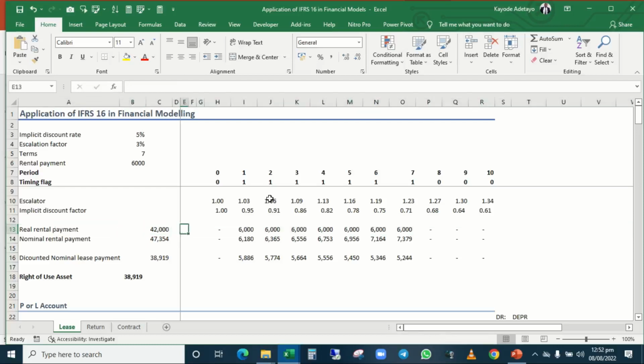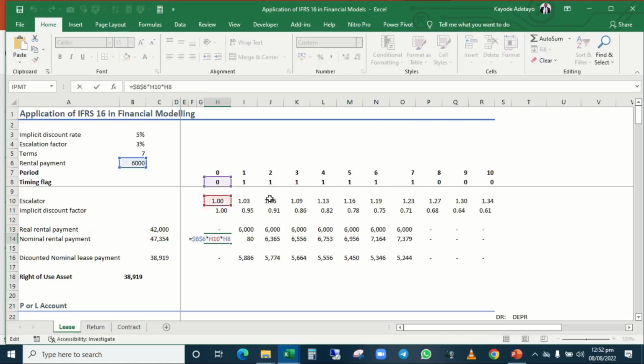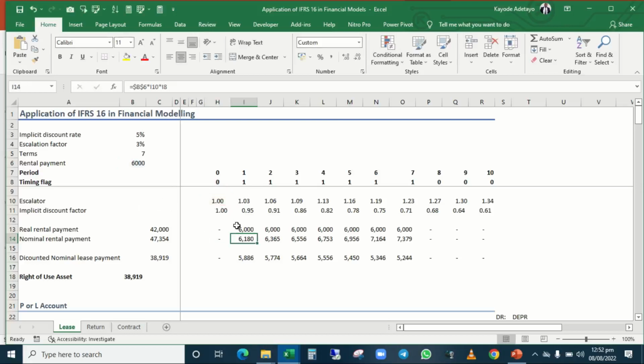But with the effect of inflation, which is the nominal rental payment, we are going to multiply this by our inflation, our escalation. So I'm multiplying 6,000 by the timing flag and by the escalation factor. So that gives me an increase. You can see the value of 6,000 has increased to 6,180, and in this period 6,365. So inflation actually increased all these values.